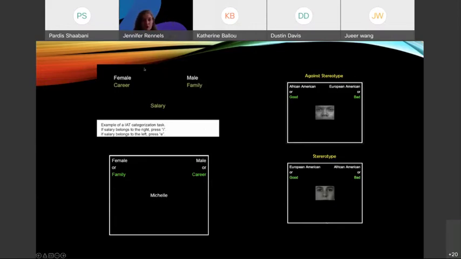For example, up here, we have female and career on the left-hand side and male and family on the right-hand side. Because female and career don't go as well together as female and family and male and career, when they have to sort salary, they might take longer to decide if they're going to career or male, if they have that masculine bias. And so they tend to be a bit slower in sorting salary with career when it's paired with female than when it's paired with male.